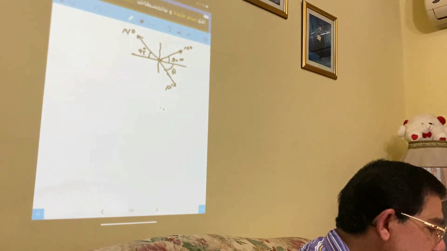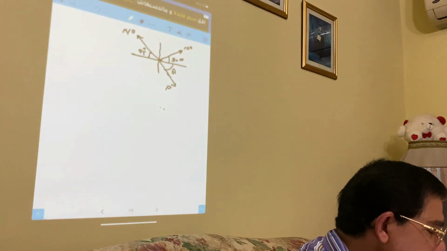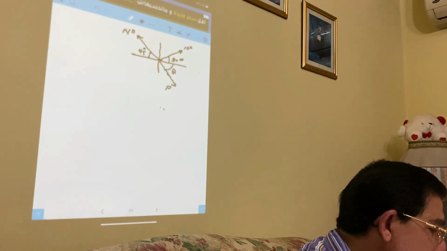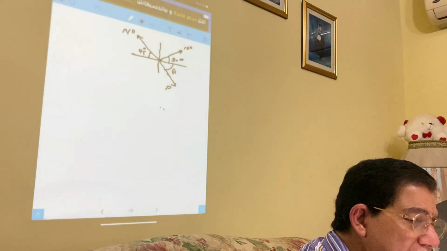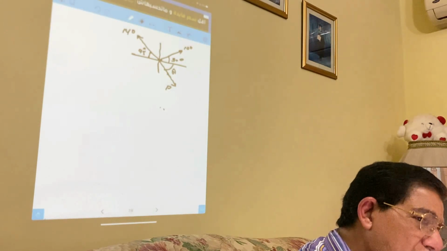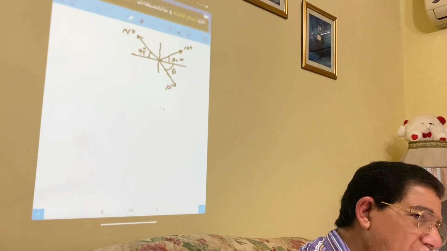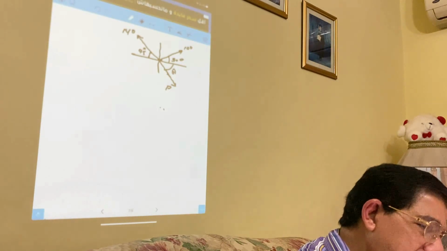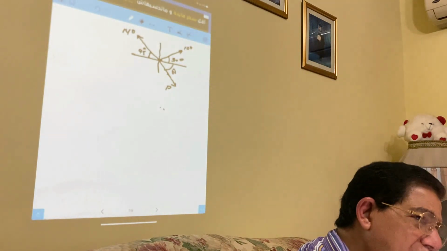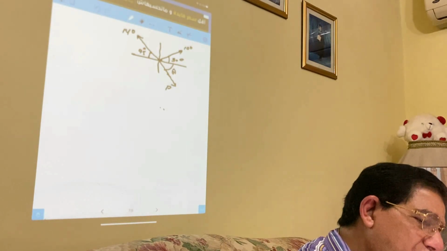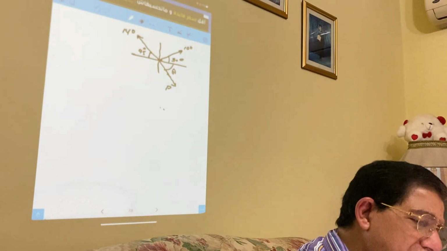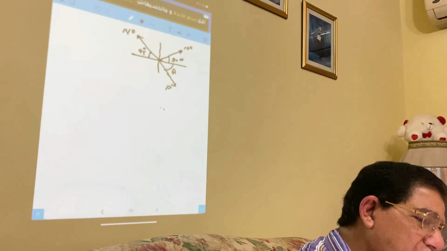The sum of the forces horizontally should be 0, and the sum of the forces vertically should be 0. We are not getting the resultant here, but we are having equilibrium. So we say the sum of the forces horizontally to the right equals the sum horizontally to the left.